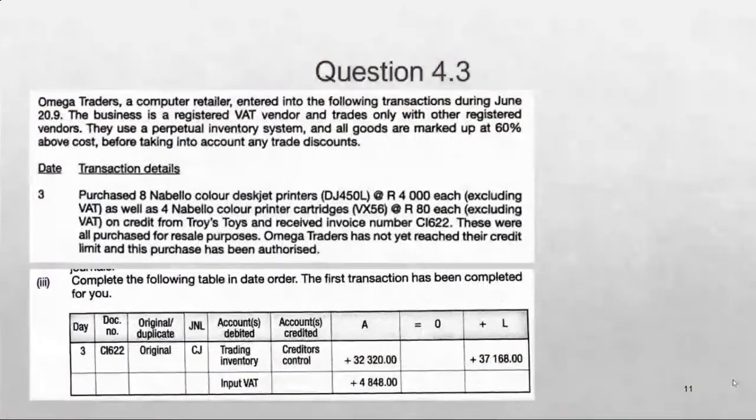Okay, so let's look at question 4.3. What we're going to do in this question is, I've done the transaction that they've recorded already in here. What they tell you is: Omega Traders, a computer retailer, entered into the following transactions during June.